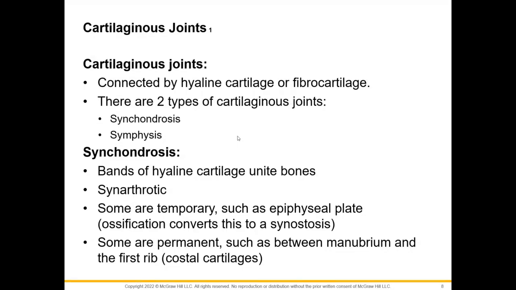Some of them are temporary, like the epiphyseal plates in the heads of your long bone. These are ossification centers, and they will eventually be converted to a synostosis. Some are permanent, like between the manubrium and the first rib. That's the costal cartilages that attach there.